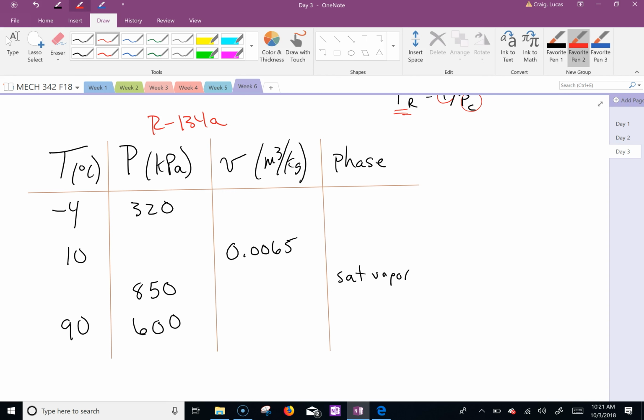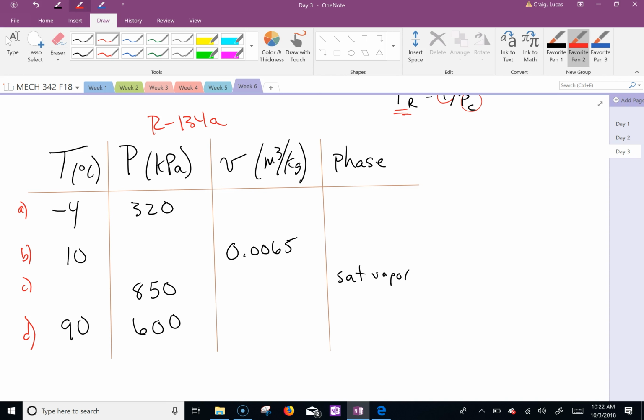These problems, yeah, they're 4 parts. They're not a word problem, but when you get to a word problem and you're at either a temperature or a pressure or a specific volume, you can use these methods to figure out where you are in the vapor dome.